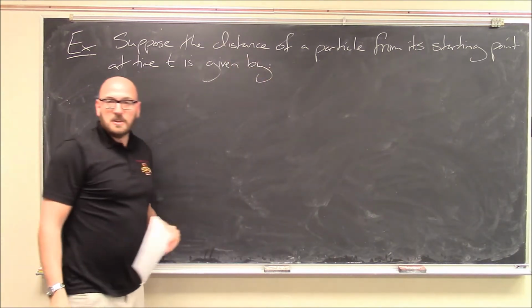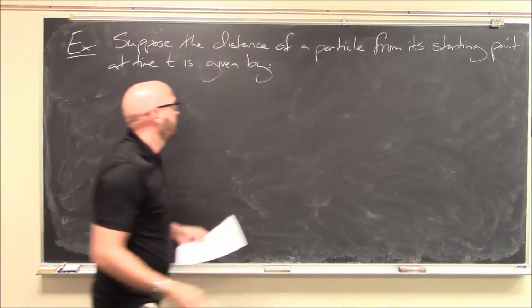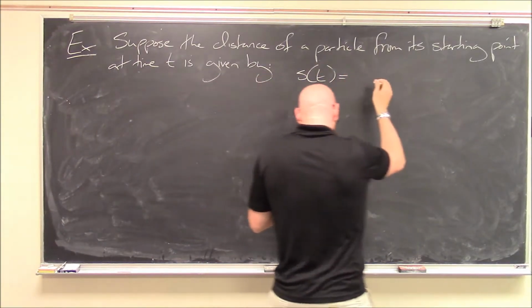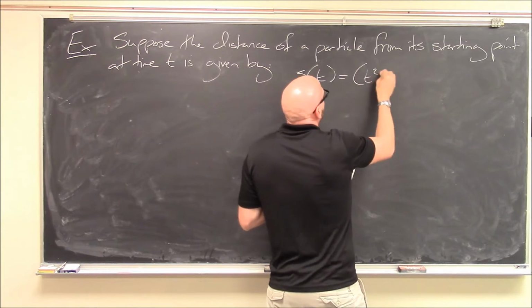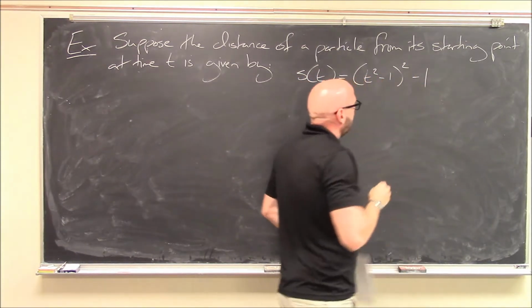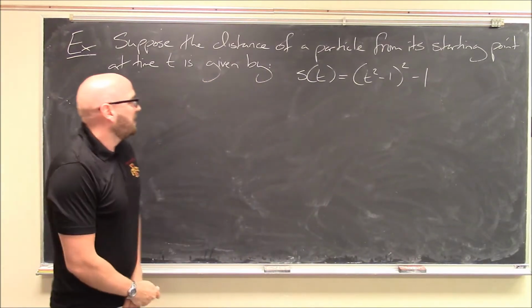Remember, for these distance functions we tend to use s, so I'll call it s of t, is (t squared minus 1) squared minus 1. Sort of a silly way to write that function.